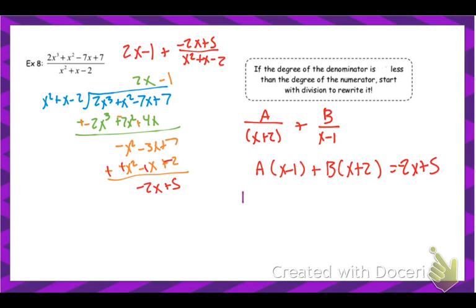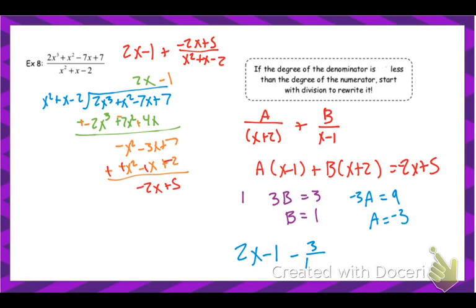I'll plug in 1. That would give me 3b equal to 3. I get b equals 1. I can plug in negative 2. So I get negative 3a is equal to 9, and a is equal to negative 3. So my total final answer here would be 2x minus 1 minus 3 over x plus 2 plus 1 over x minus 1.